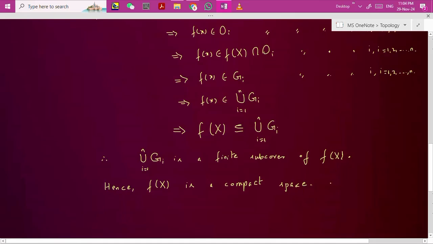So the continuous image of a compact space is a compact space, hence proved. Thank you.